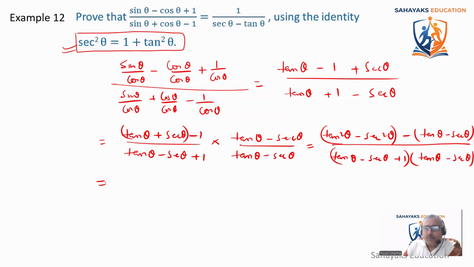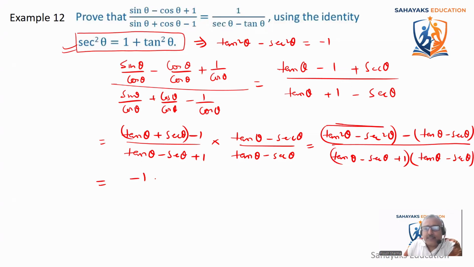Now, you know tan square theta minus sec square theta, what will it give? It will give us minus 1. So I'm going to put the value minus 1 here.